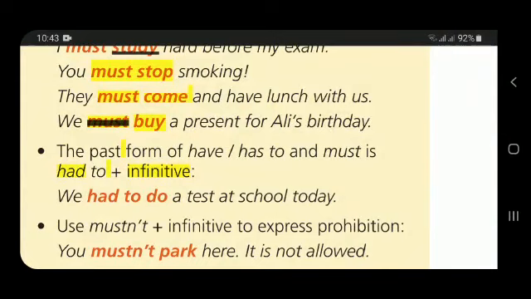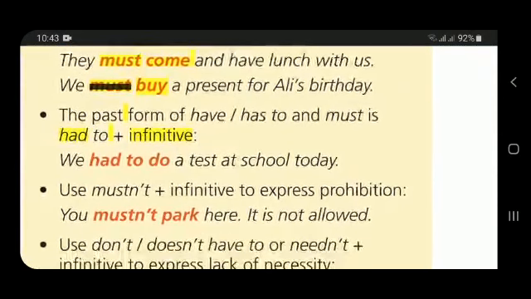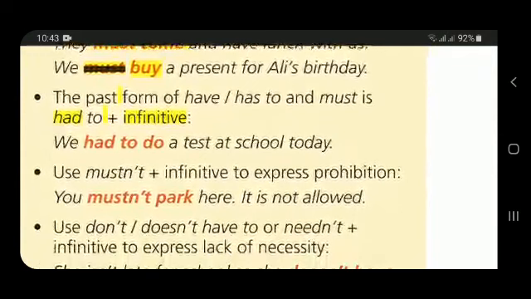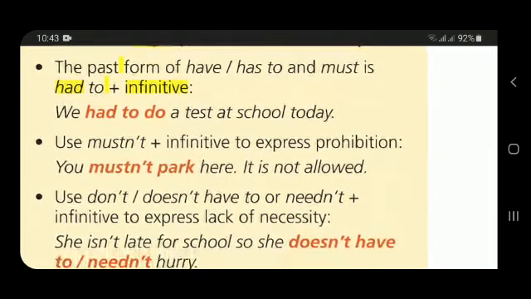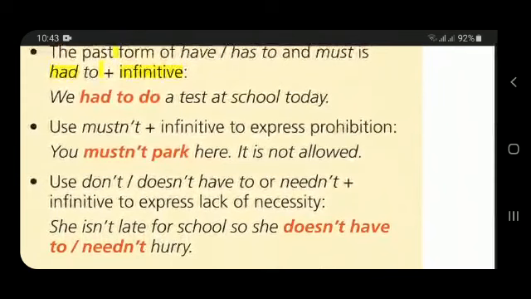The past form of have, has to, and must is had to plus infinitive. For example, we had to do a test at school today, or we had to do a lot of work yesterday. Use mustn't plus infinitive to express prohibition. You mustn't bark here. It's not allowed.